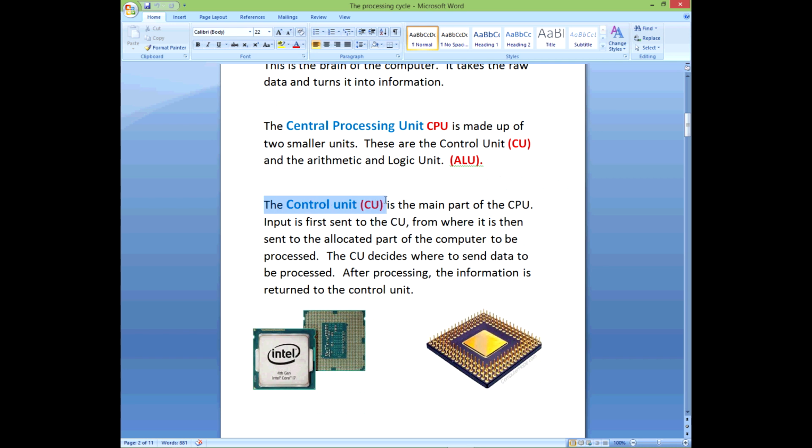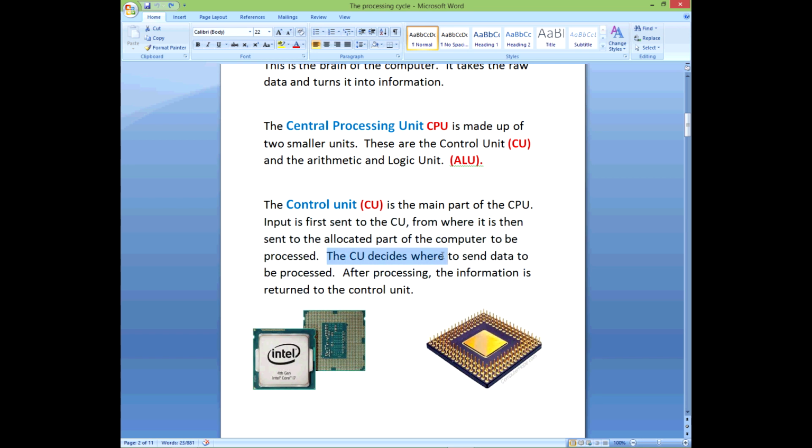The control unit, let's deal with that one first, is the main part of the CPU. Input is first sent to the CU, from where it is then sent to the allocated part of the computer to be processed.